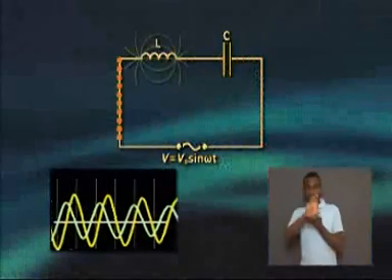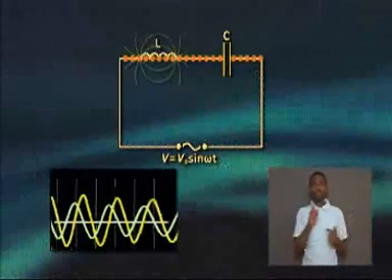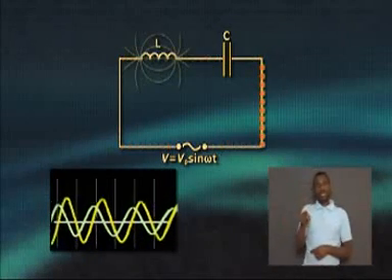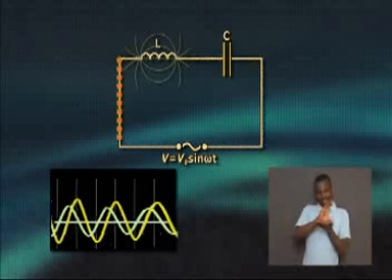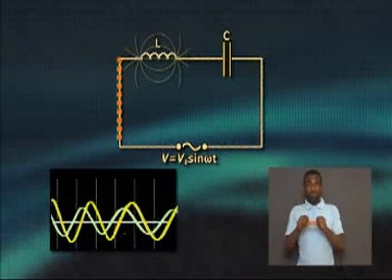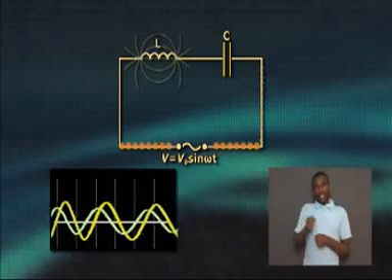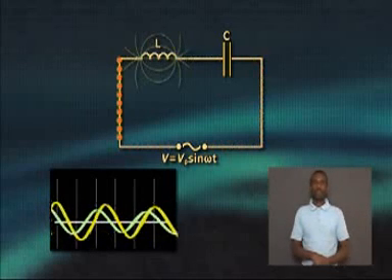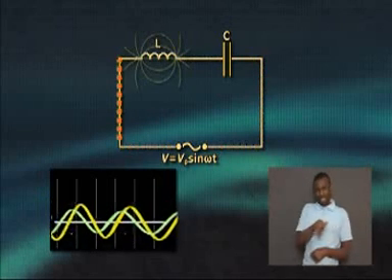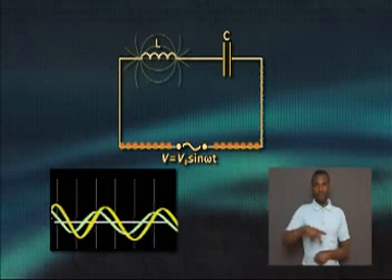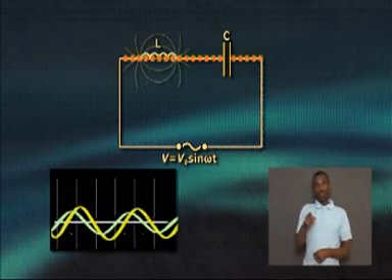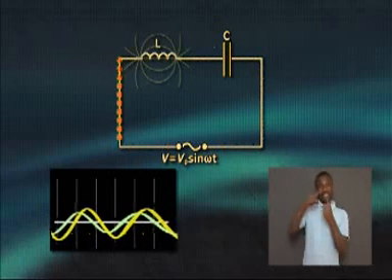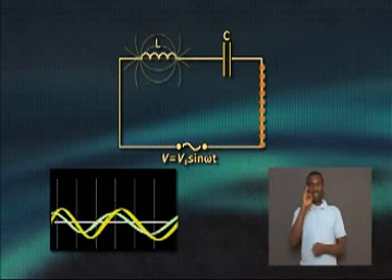LC circuits are largely theoretical in nature. This is because a circuit is always guaranteed to lose a charge to resistance over time. Just like a pendulum, the swing of energy back and forth will decrease over time until the voltage and current have been drained.